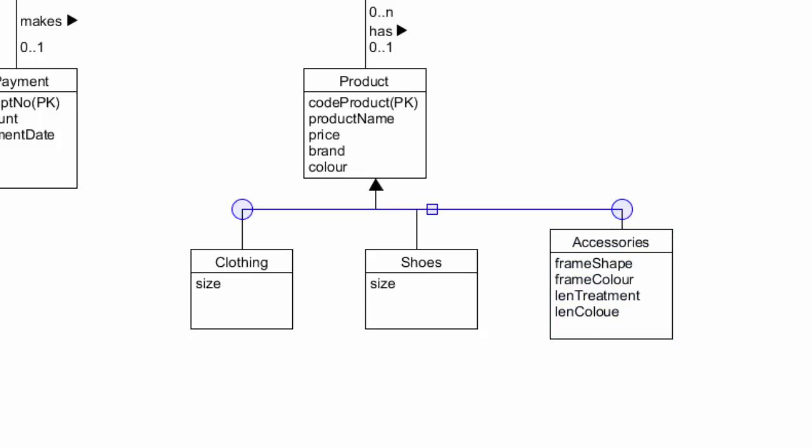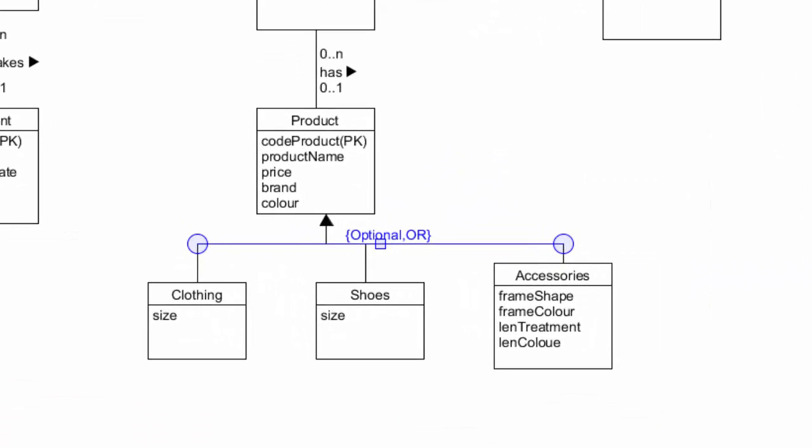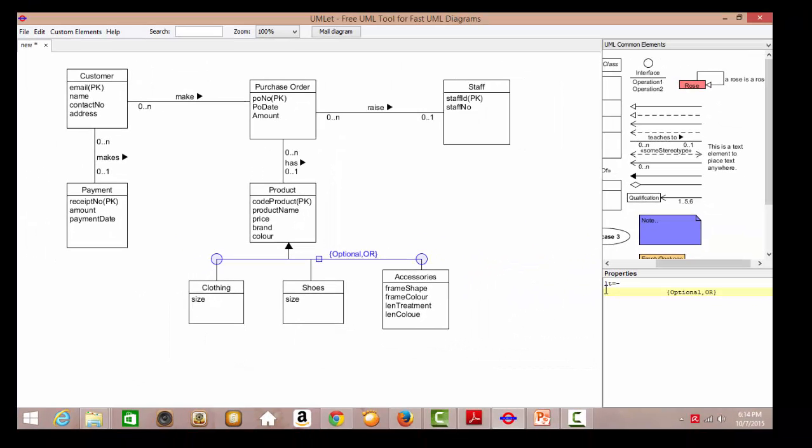So because we are doing superclass and subclass, we need to have participation constraint and disjoint constraint. For this superclass and subclass, we have constraint optional or. Why it's optional?